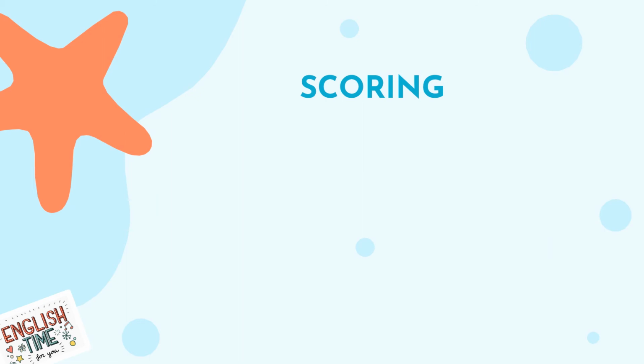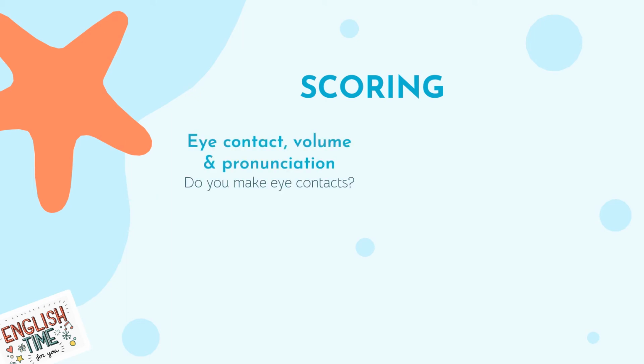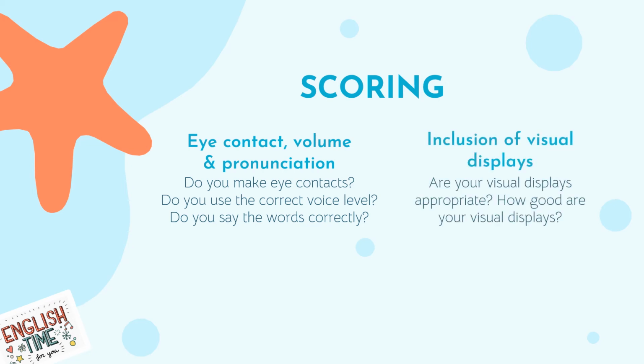Now how do I score you? First, I'm going to see your eye contact, volume, and pronunciation. Do you make eye contacts? Do you use the correct voice level? Or do you say the words correctly? Yes, those are about eye contact, volume, and pronunciation. And second, inclusion of visual displays.